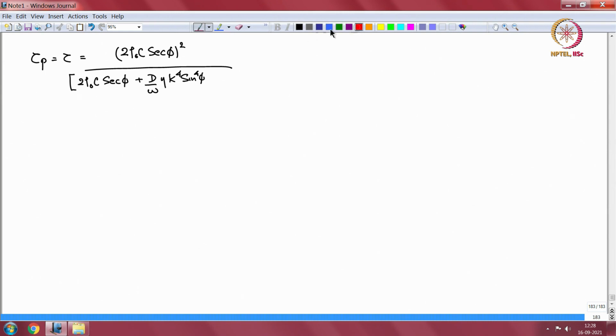This is kz to the power fourth, you should remember, whole squared, plus omega m minus d over omega, again k sine fourth phi, whole squared.